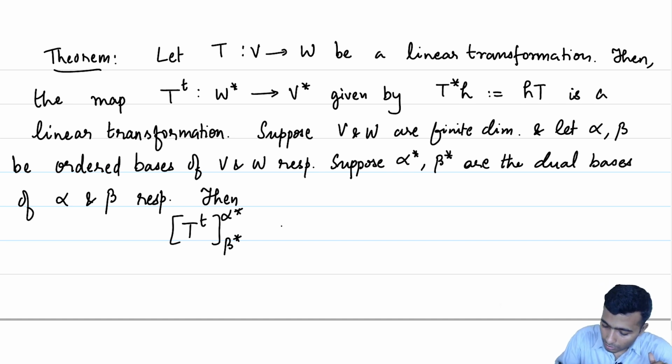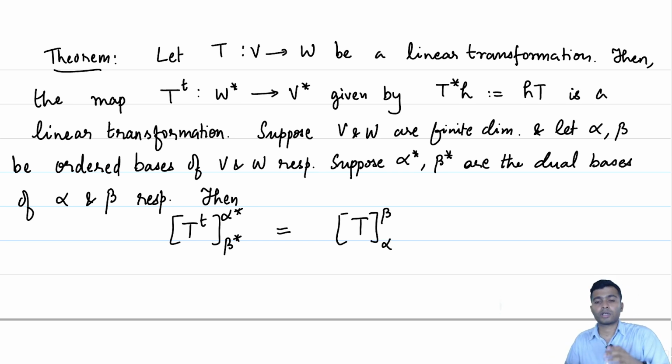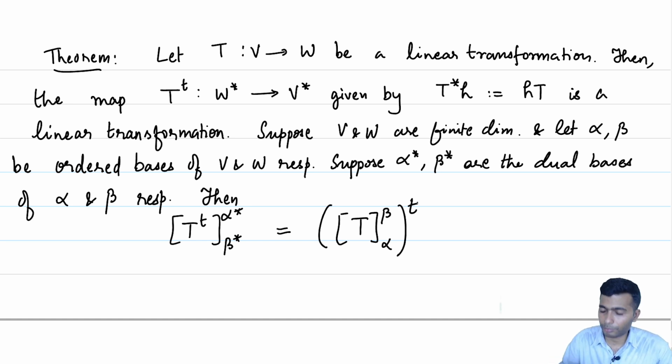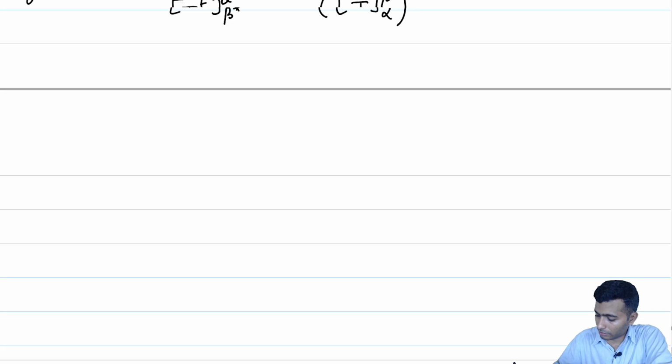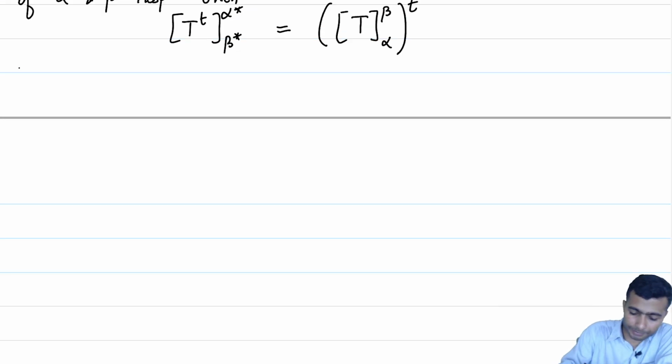Now, how is this related to our matrix of T? The relation is quite simple. It turns out to be the transpose of the matrix, and that is precisely why the map is being denoted by T transpose. Okay, so let us give a proof of the statement.